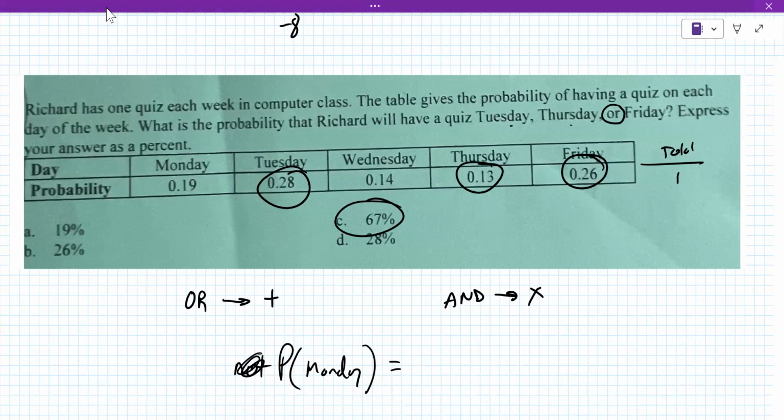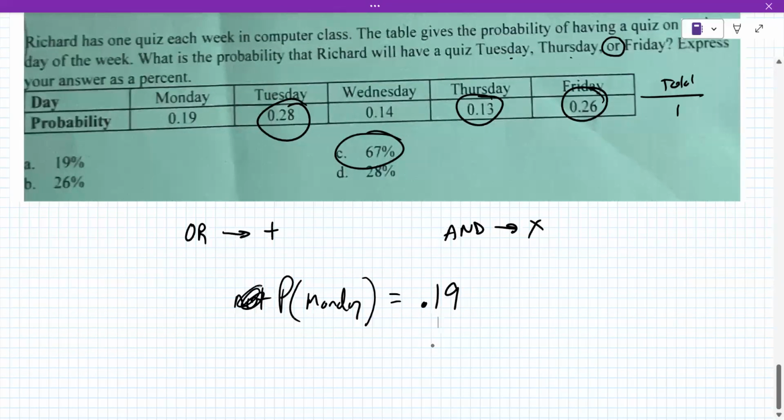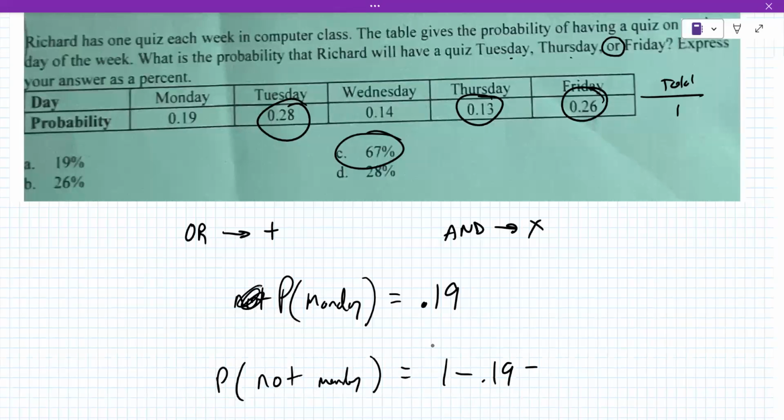That's just 0.19, because it's that value. So now not Monday would be all the other values combined, or 1 minus 0.19, like you said, or it's the probability of Tuesday, Wednesday, Thursday, Friday. 0.81.